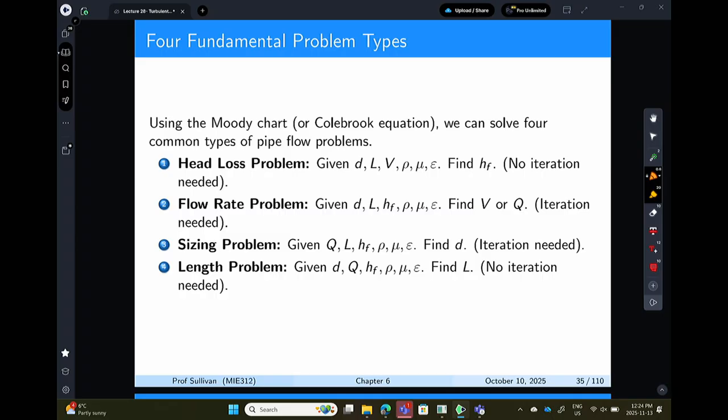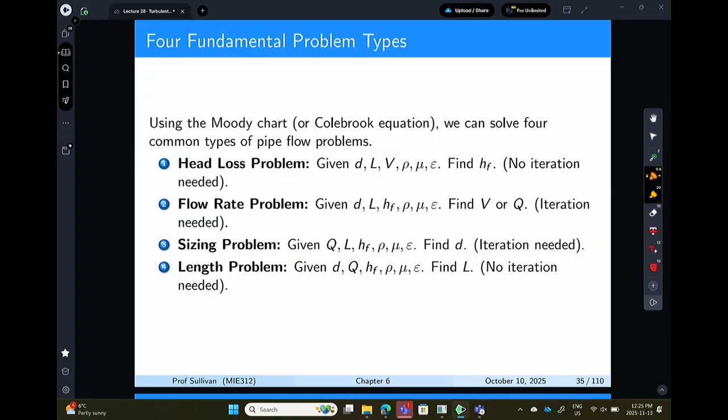Where you are going to start seeing problems, you can take a look at the text for all of these. You can use the Moody chart. And for some reason, I don't think White's text uses Haaland's equation, but I might be wrong. Haaland's equation is good, and it's a better way to do this, but you can also use the Colebrook equation if you want to iterate.